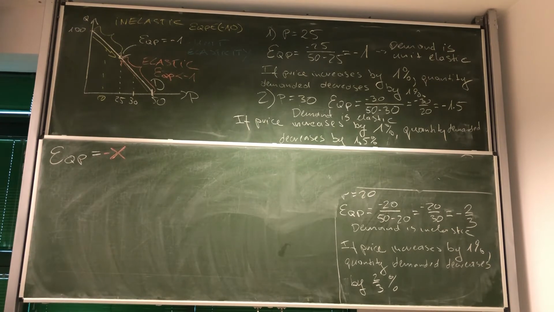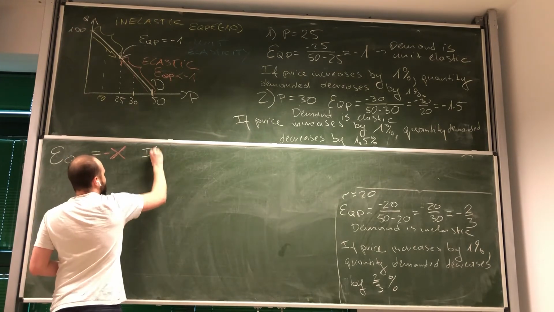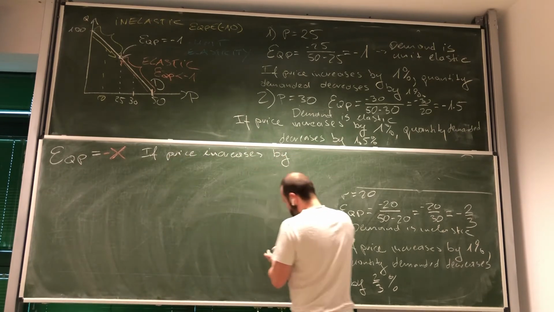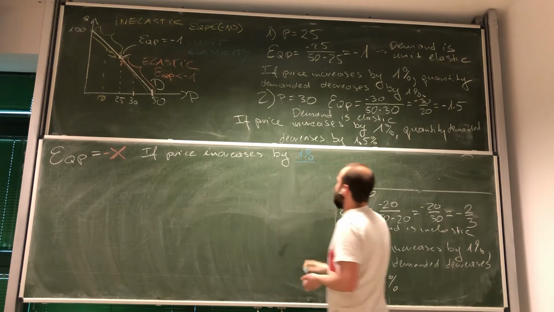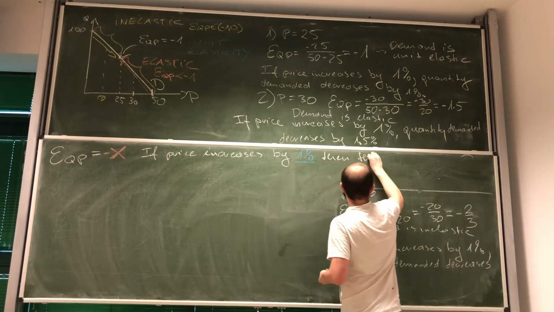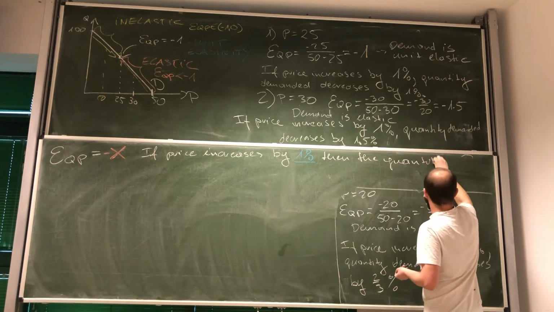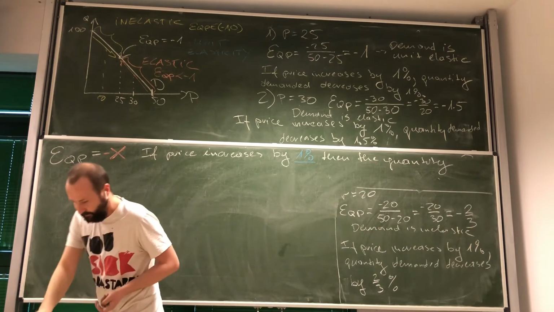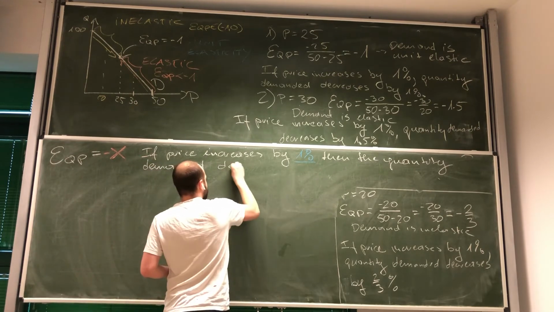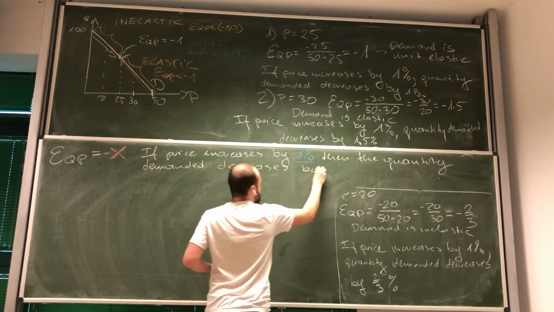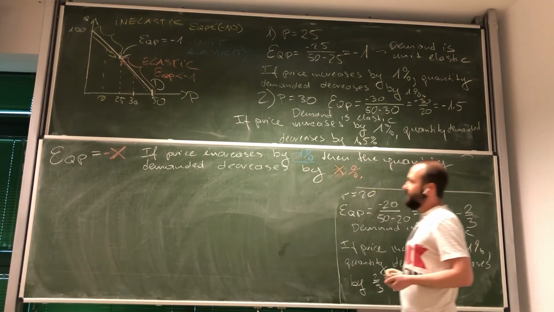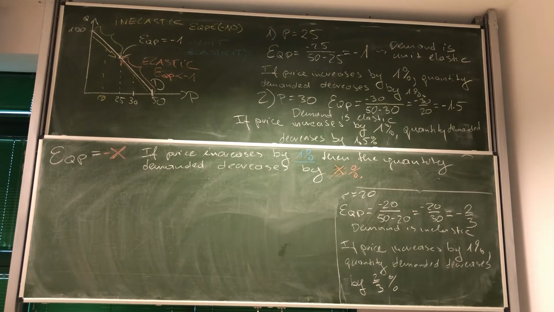We interpret this always in the same way: if price increases by 1%, and look, this 1% is always here, always, if price increases by 1%, then the quantity demanded decreases by x%. And this is the proper interpretation.